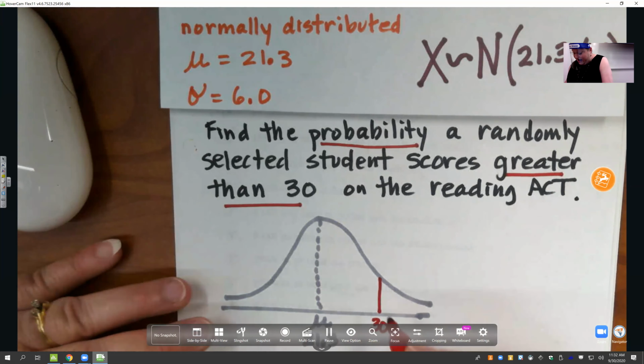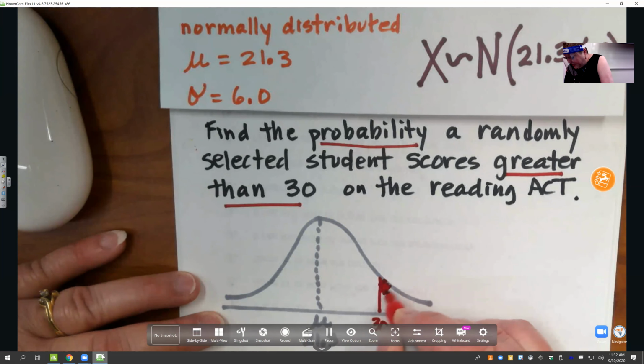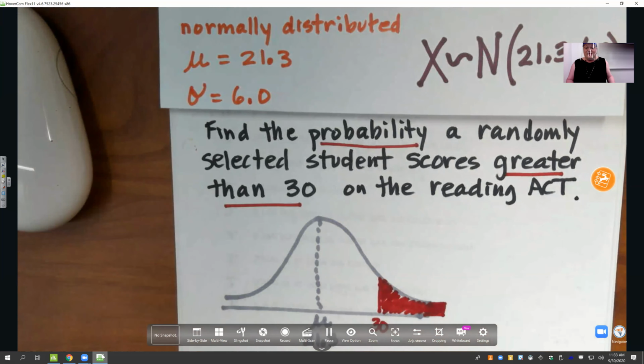Okay, and we want to be greater than that. So now we're looking for this red shaded region to the right. Again, for Minitab, we need to think about, is it right tail, left tail, middle, or outside, I think is the term they use.